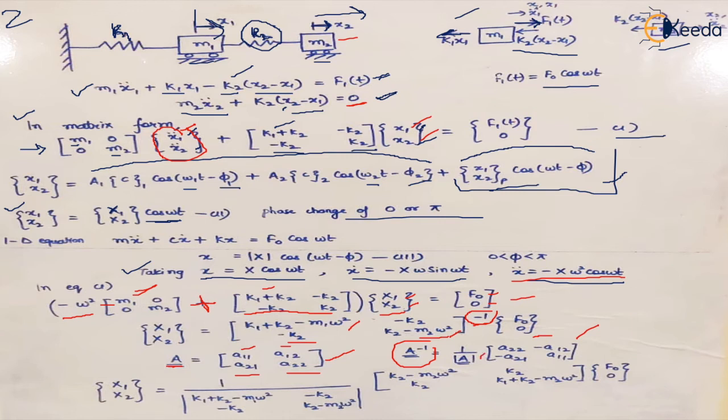So we can write the equation in this form if we want to find X1 and X2: the determinant of the whole matrix and the adjugate of this matrix, times F naught and 0. Whatever conditions are given in any numerical, you can solve it and easily find the values of X1 and X2, or whatever is unknown in the equation.